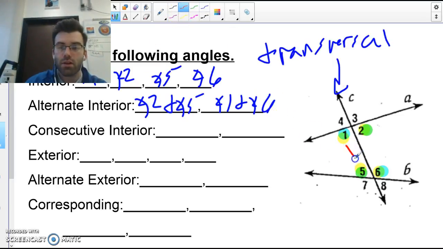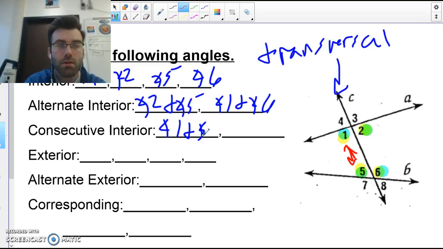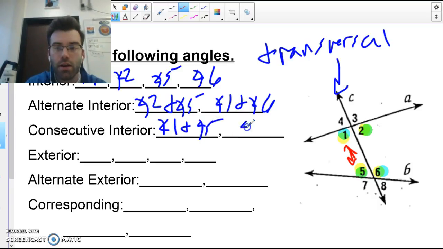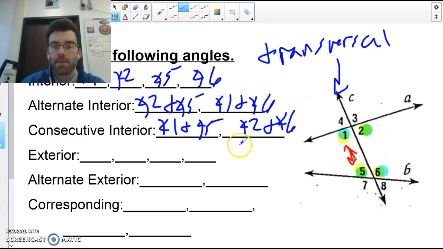Consecutive interior angles are ones that lie on the same side of our transversal and are still on the inside. So angle 1 and angle 5, and then angle 2 and angle 6.